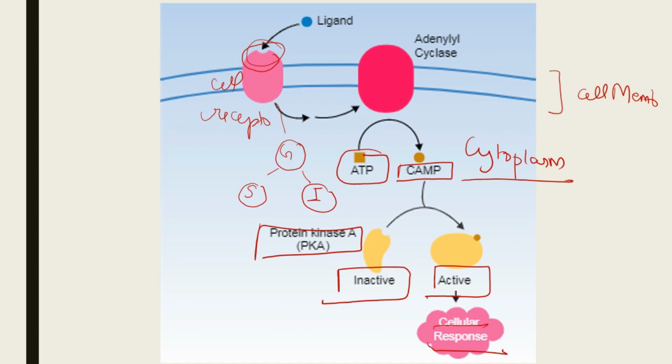So simply we can state that ATP in presence of adenylyl cyclase will give rise to cyclic AMP.